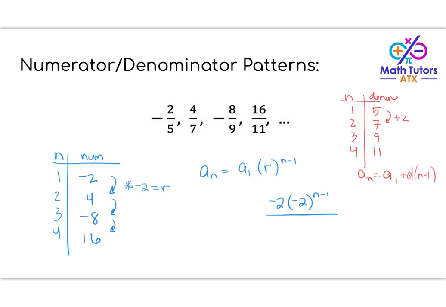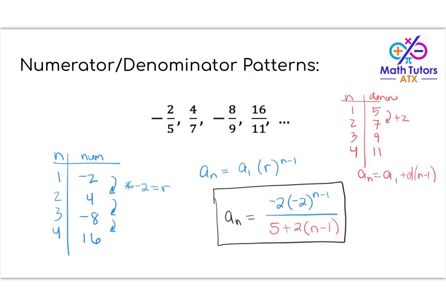If I were to use 5 as my first term, I would have 5 plus 2, since I'm adding 2 each time, times n minus 1. So notice here how the numerator and denominator have different patterns, but all together, this would be my explicit formula.